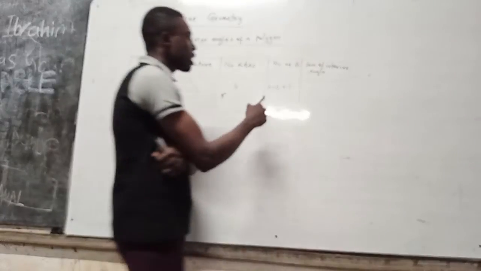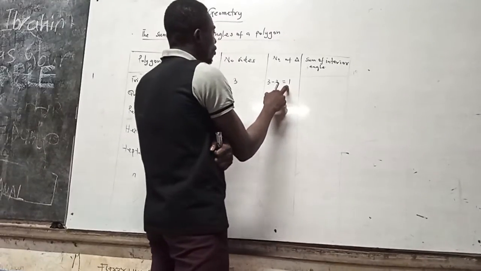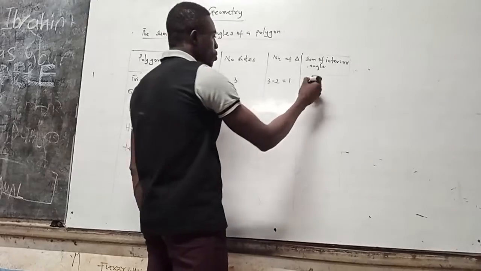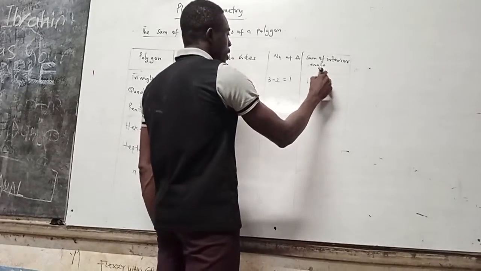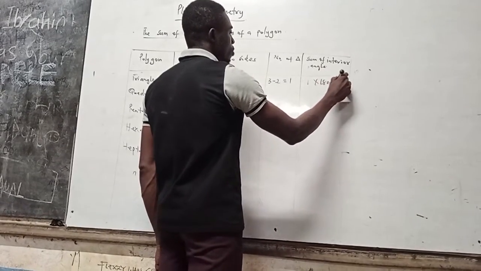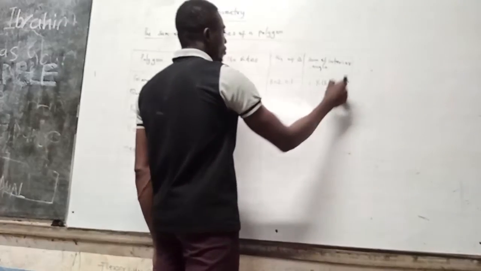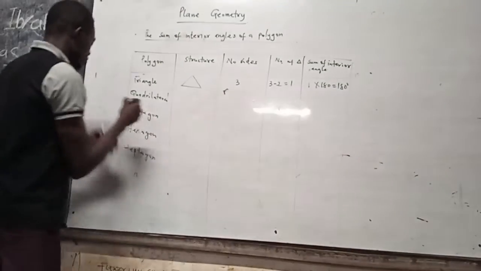How do you find the interior angle? It is the number of triangles times 180. So this one is 1 times 180, which gives you 180 degrees.